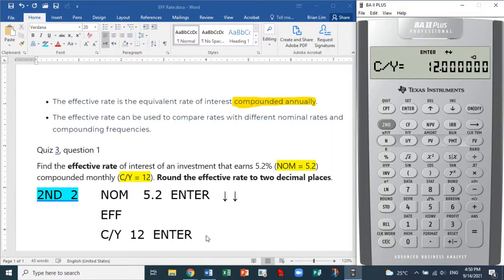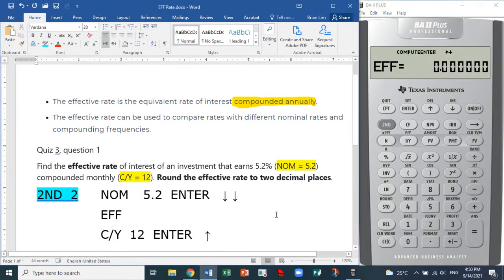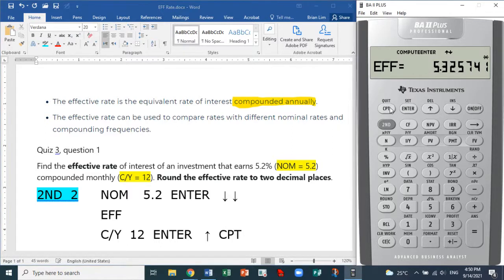Then we can go back up with the up arrow. If we go up, then we press CPT, and we should get an answer of 5.325741.